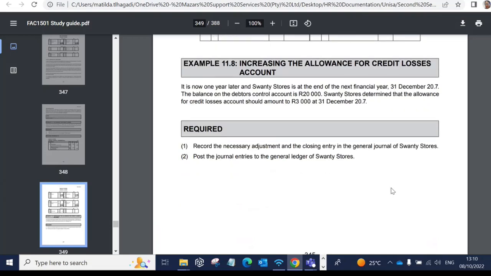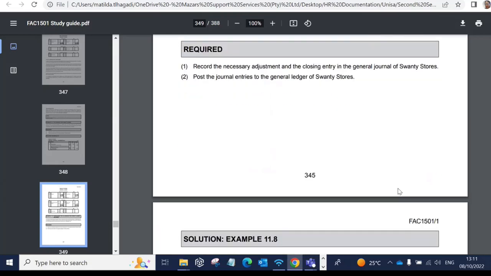It is now 1 year later, and 20 stores is at the end of the next financial year, 31st December 20.7. The balance on the debtors control account is 20,000. 20 stores determined that the allowance for credit losses account should amount to 3,000 as at 31st of December.